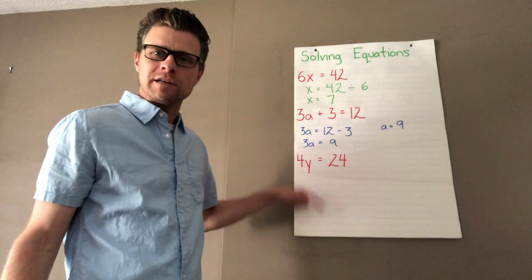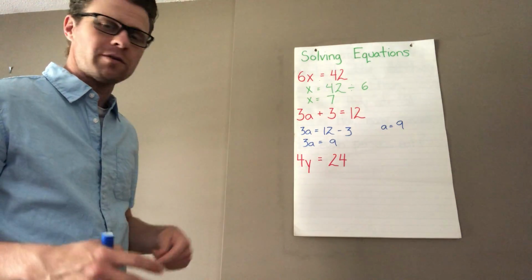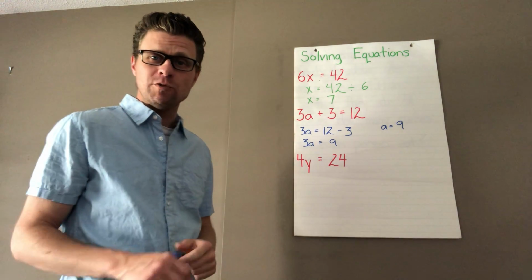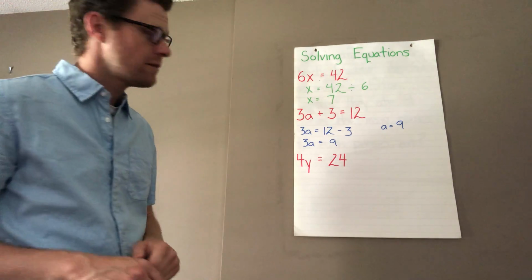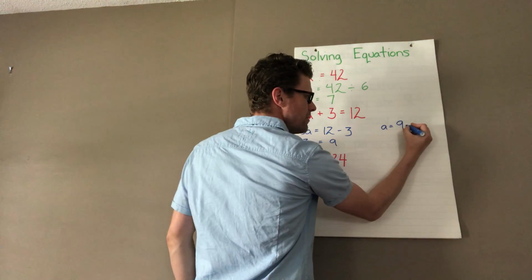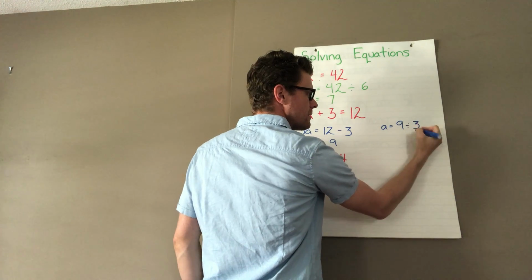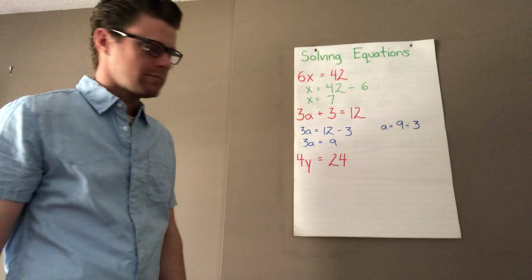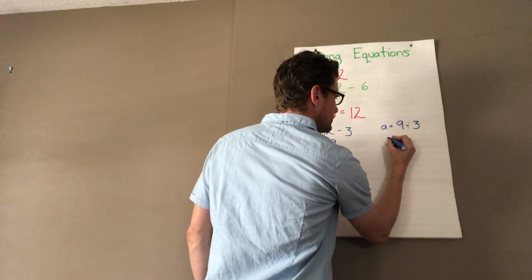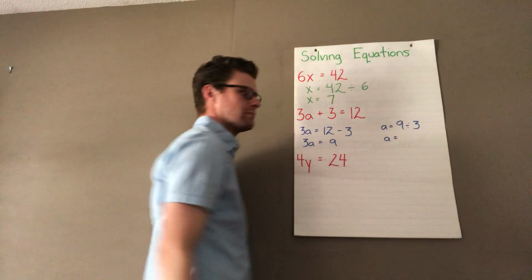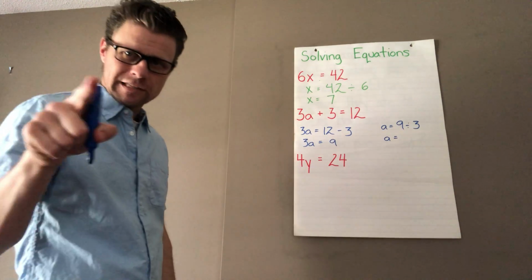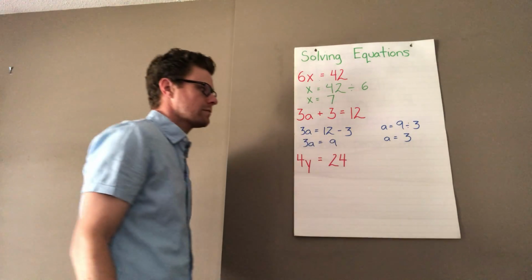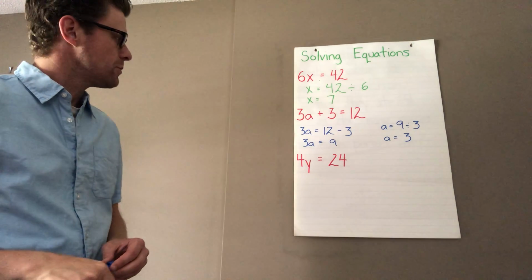And again, we're going to flip the multiplication of 3 to division, since we're moving it to the other side of the equal sign. So a now equals 9 divided by 3. And how many groups of 3 are there in 9? Thank you. 3. a equals 3.